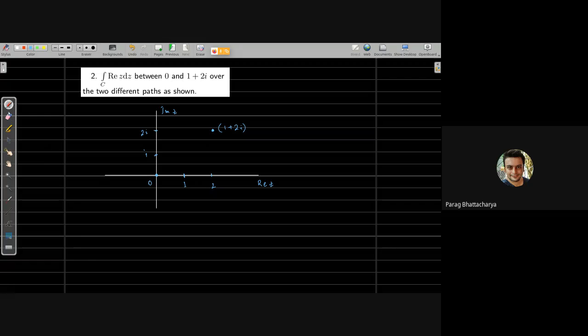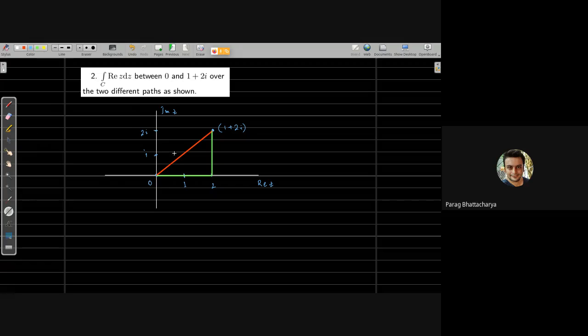So there are two paths. One is the direct path, where you could take the path directly from this point to this point. The other path is you could go like this. Let me make it a little thicker. This is one path. And the other path is you could start from here, go till here, and from here go all the way up till here.